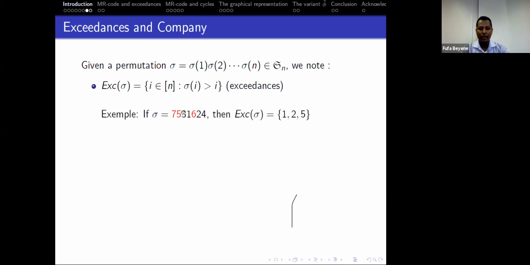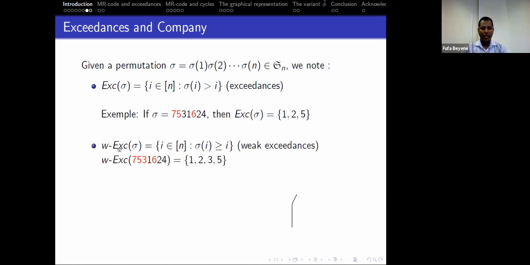For instance, take sigma here, and you see positions 1, 2, and 5 are exceedances. So the exceedance set contains 1, 2, and 5. And also weak exceedance: the position i is said to be a weak exceedance if sigma of i is greater than or equal to i. Exceedance is strictly greater here, and we have greater than or equal to for weak exceedance.